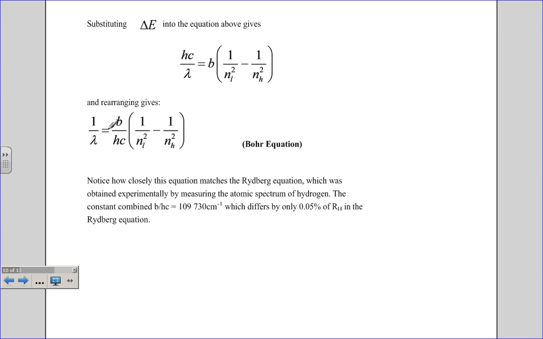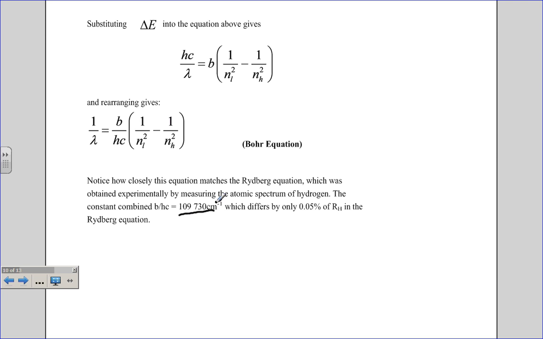Now this ultimately is one constant that we can use, and so B over hc is actually equal to 109,730. So rather than constantly, every time I want to use this formula, needing to calculate B over hc, I simply can use 109,730.